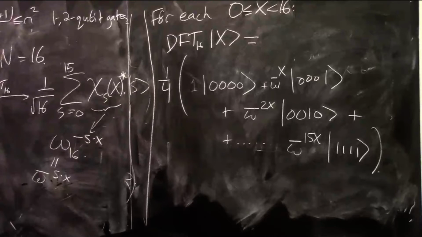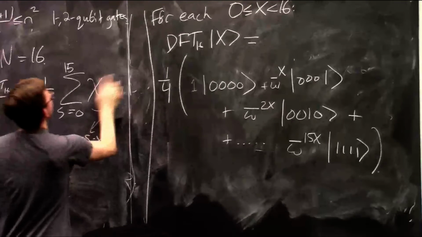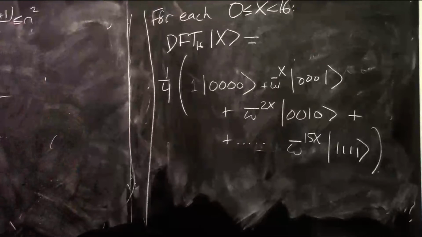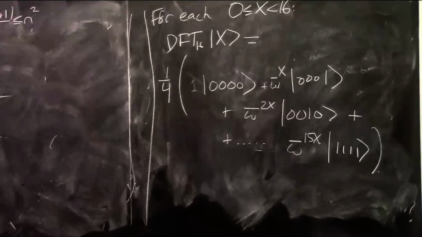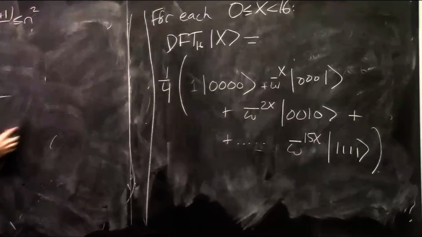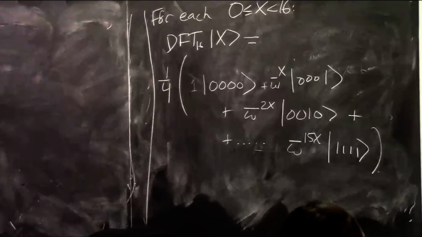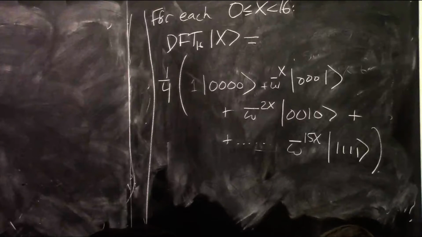Now here is one cool thing, which is that this, I'm going to erase this now. That's an unentangled state. 4 qubits. It's one of the surprises. Maybe it does not look unentangled, but it's unentangled. And I'll demonstrate that to you.